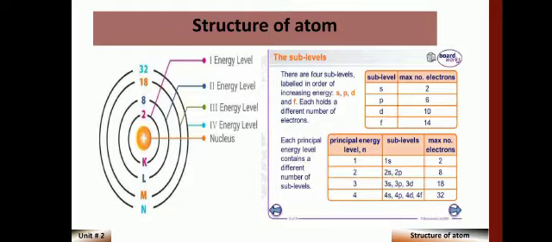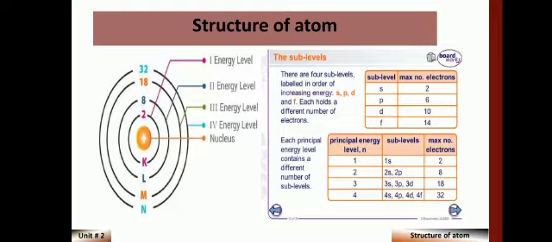The shells are known as K, L, M, N, and their numbers are 1, 2, 3, 4. The first shell, K, contains 2 electrons.